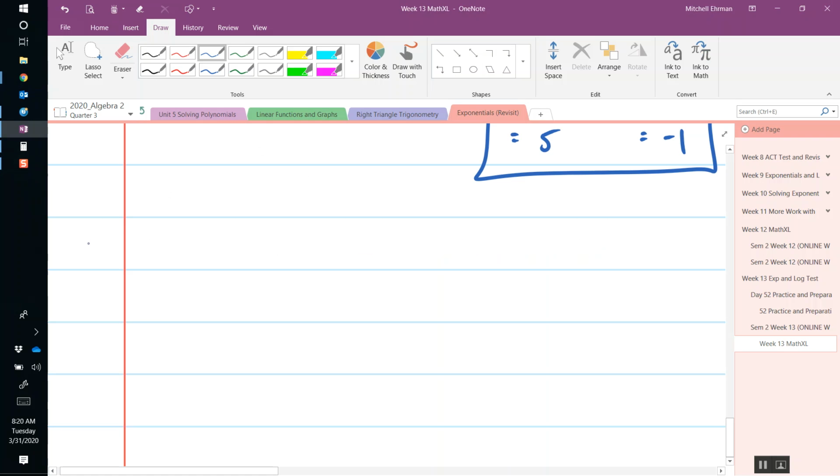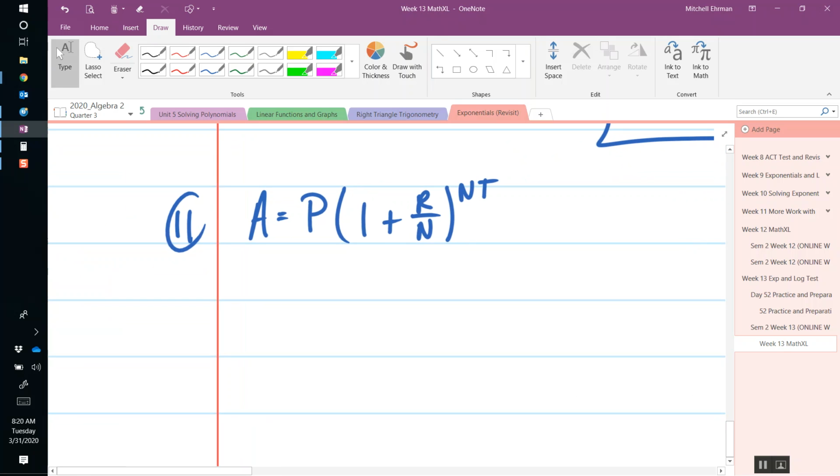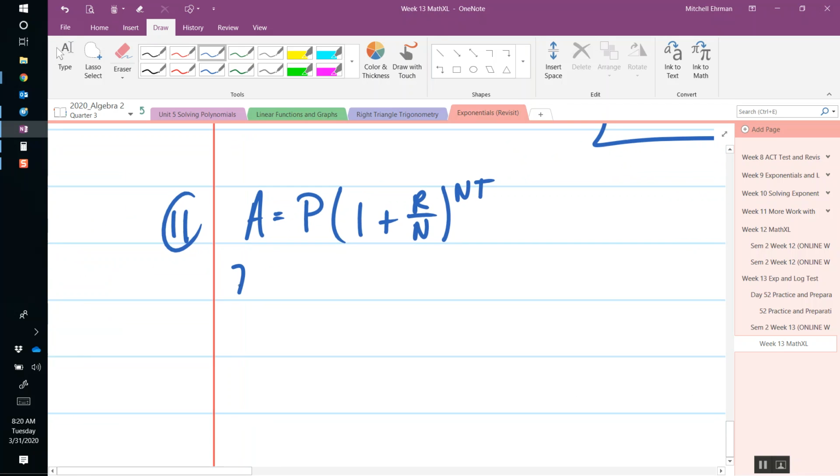So if I'm writing this down as a homework problem, I would start with the empty equation first. A equals P times (1 plus R over N) to the N times T power. And our ending amount is $700. Remember, this was the 200 plus 500 from the problem screen on MathXL.